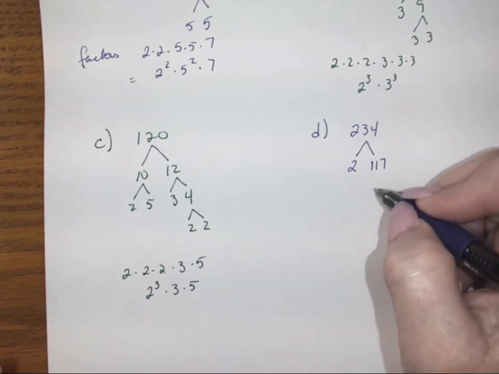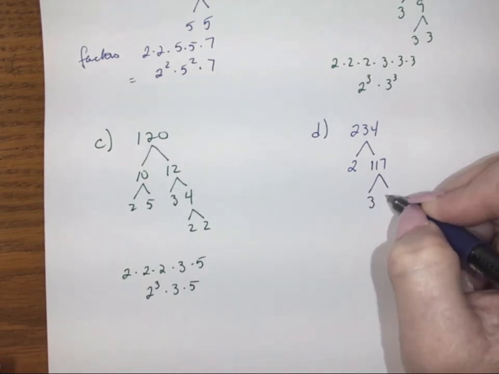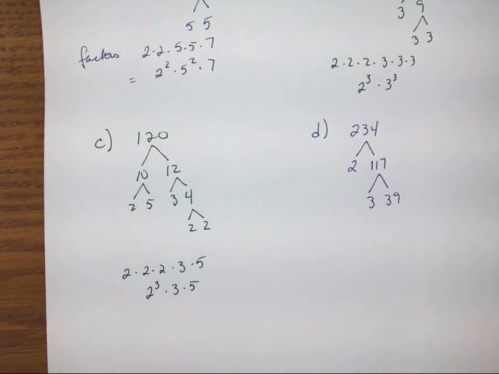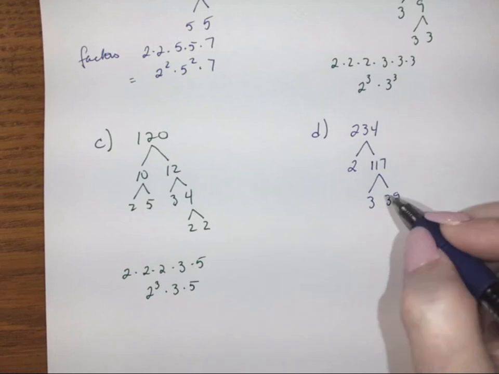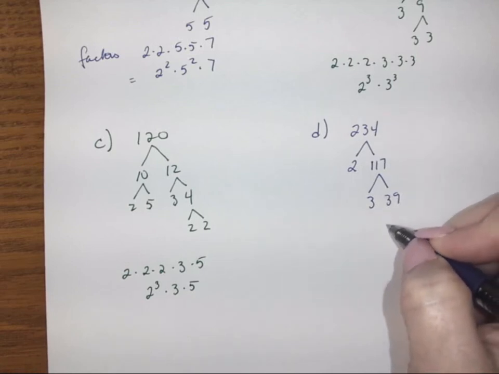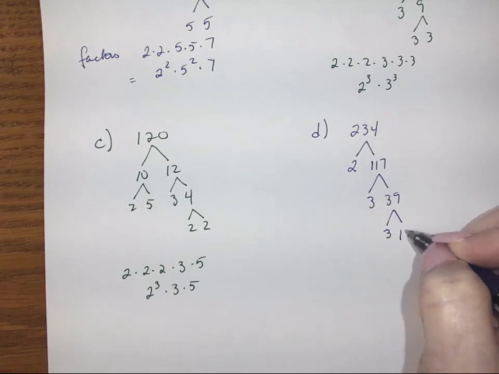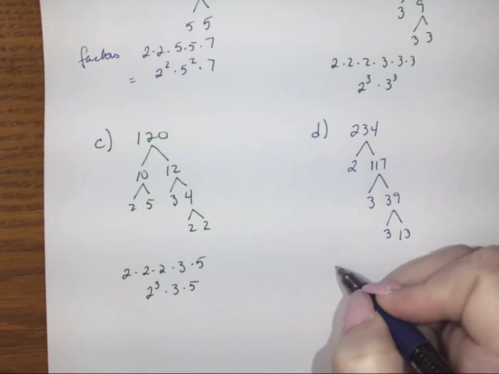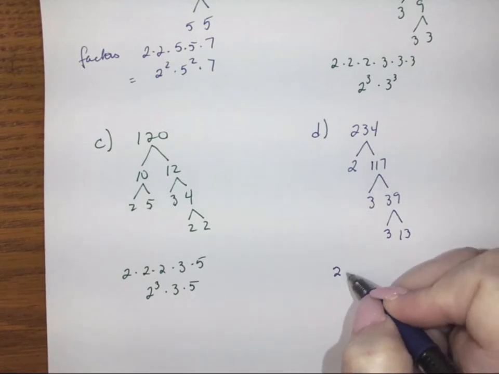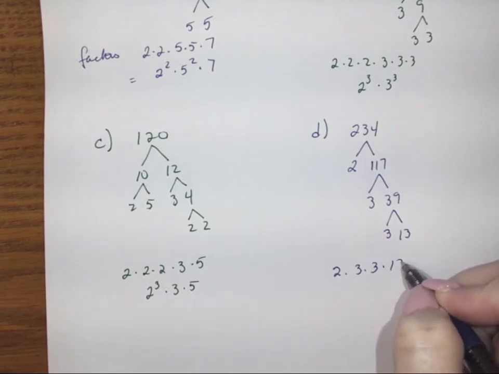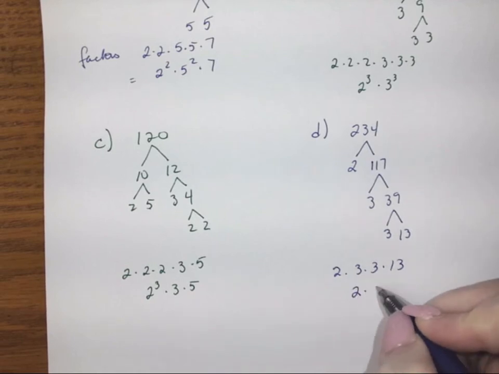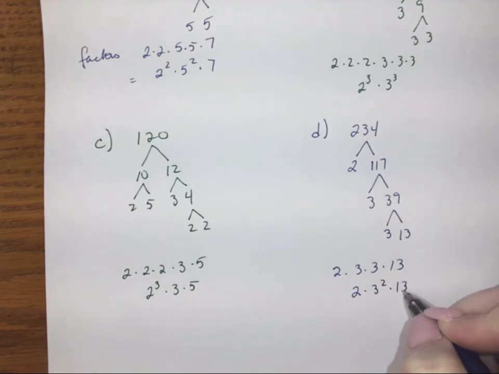This actually does divide by 3, and you get 3 times 39. So keep trying a prime number till you get to something that works. Well, 39 is divisible by 3, and I get 3 times 13. So now I have 2 times 3 times 3 times 13, which will get me 2 times 3 squared times 13.